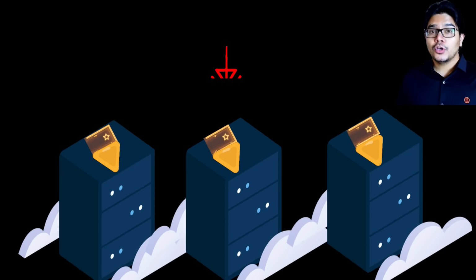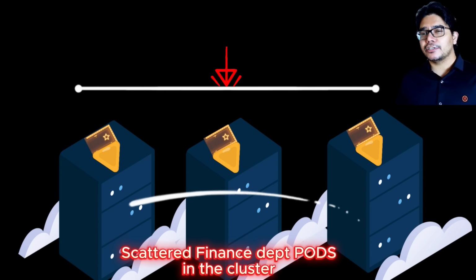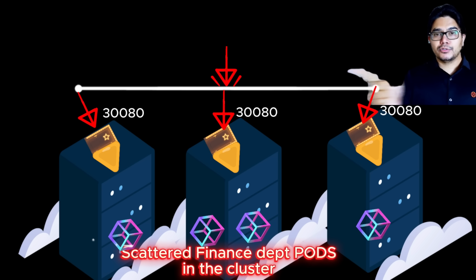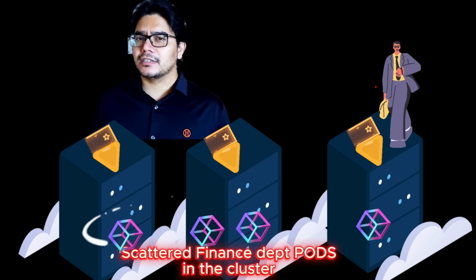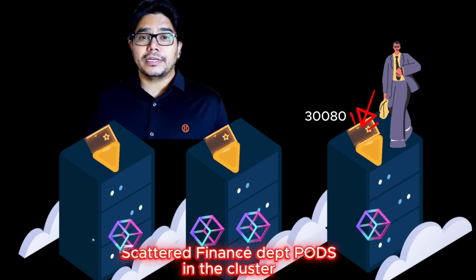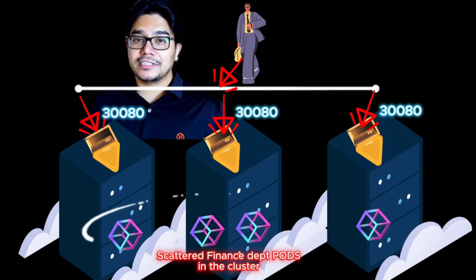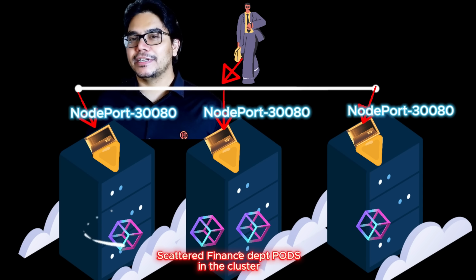Their capacities might be different, but all the other aspects must match, which enables employees to work from any building without any difficulty. All requests received on side entrance 30080 on any building come to the finance department. So management can approach any building, use entrance 30080, and internal routing handles the rest. These side entrances are the NodePorts in Kubernetes.